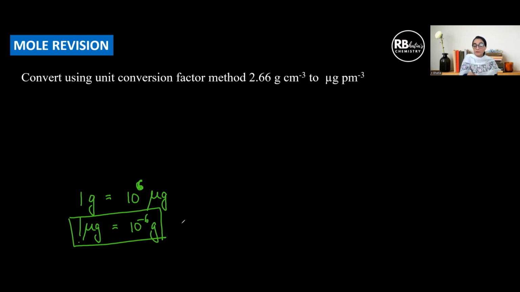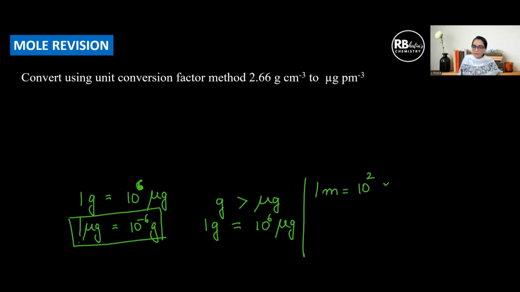The memory aid for this is that out of gram and microgram, gram is a bigger unit. So a bigger unit will always have a smaller numerical value. Similarly, 1 meter is 10 to the power 2 centimeter. If I ask you 1 centimeter, it's 10 to the power minus 2 meter.